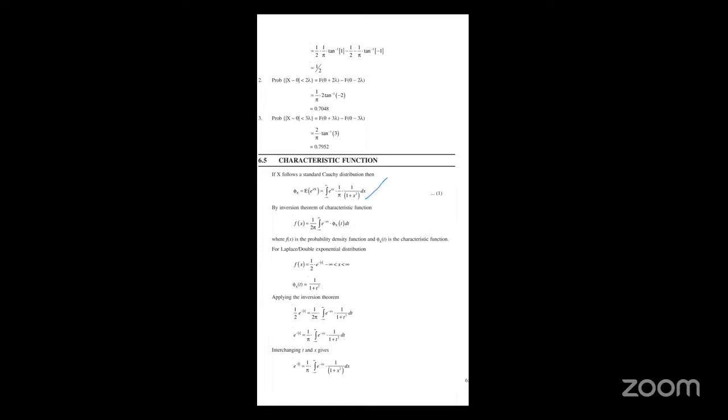Next, the inversion theorem of the characteristic function. This will be the inverse. f of x equals 1 by 2 pi integration from minus infinity to infinity of e power minus itx into phi x of t into dt.